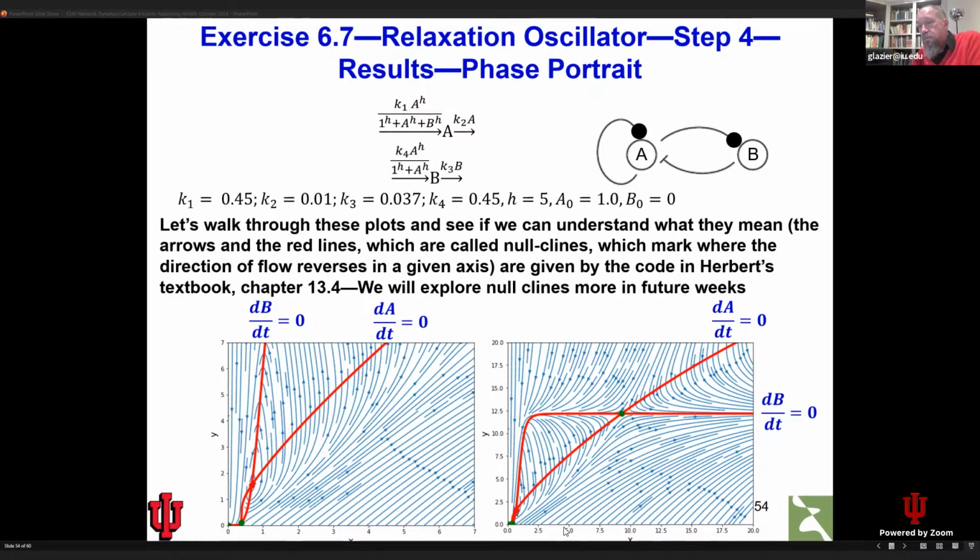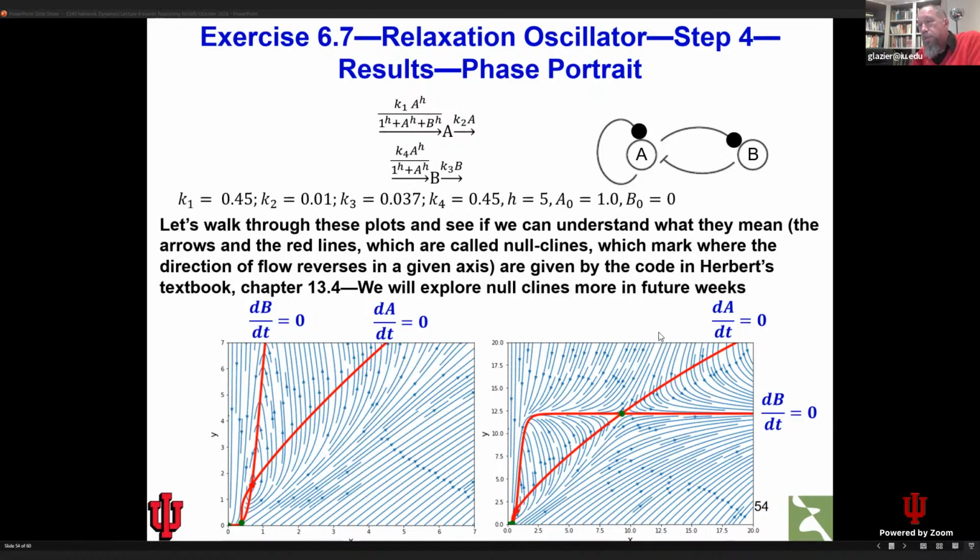If we start with a 0 value of B and a value of A of, say, 12, I go off and to the right, and I get lost. This fixed point here, the green one, is called a saddle.